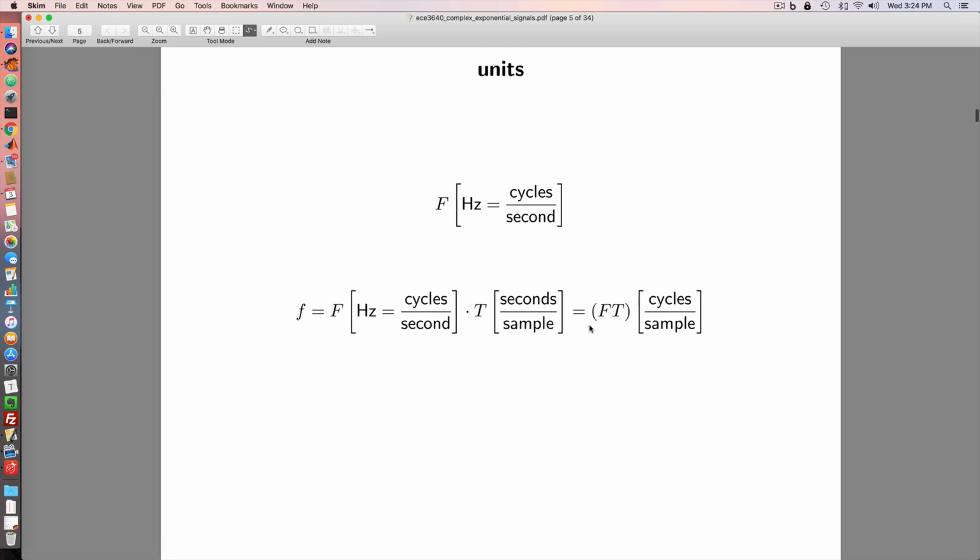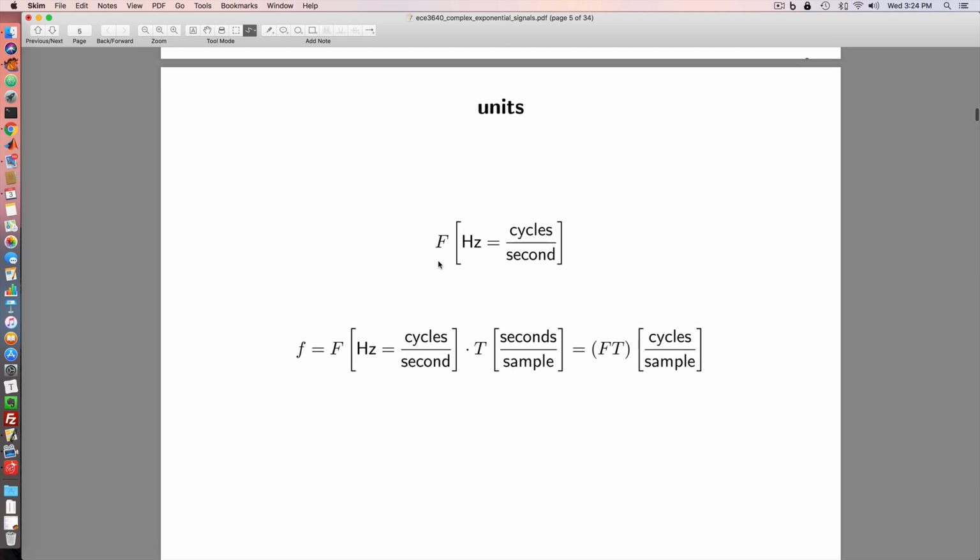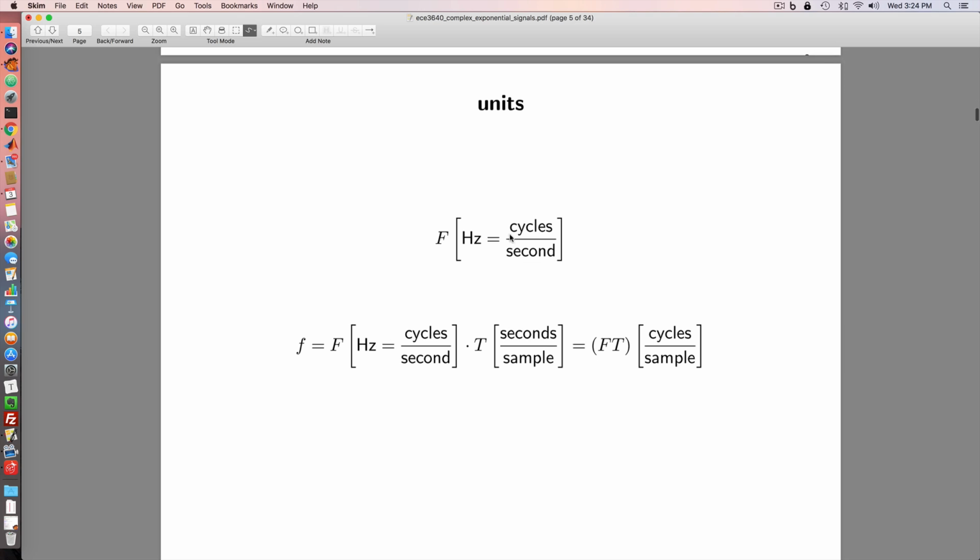A quick word about units is in order. Continuous time frequency has units of hertz, or cycles per second. That's the number of cycles that a sinusoid passes through in 1 second. In discrete time, if we go back to our formula from the previous page, the discrete time frequency is equal to the continuous time frequency times the sample period.